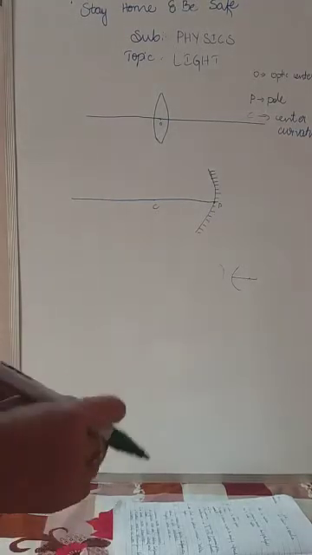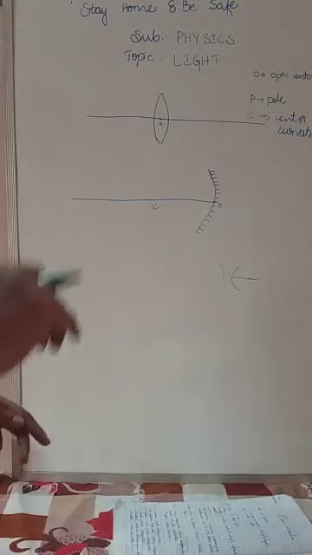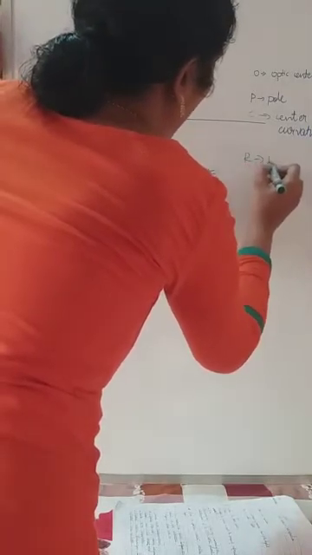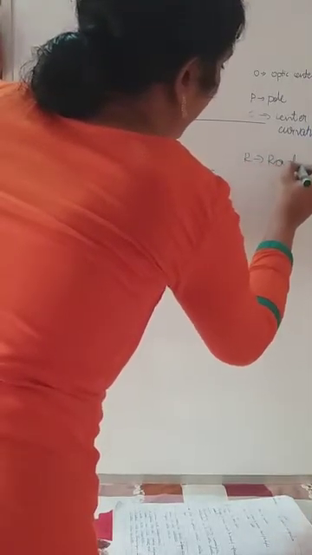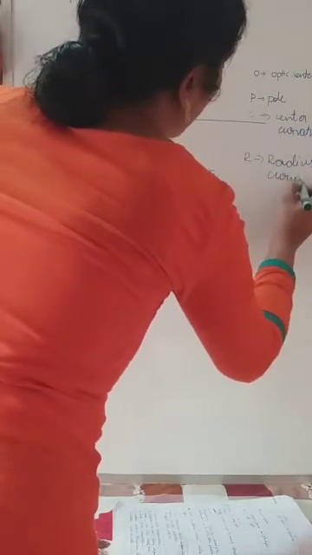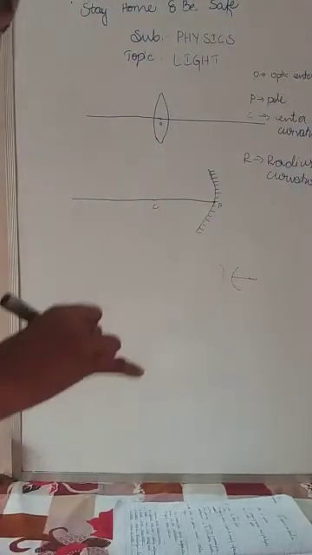And what is meant by radius of curvature? The radius of the sphere of the reflecting surface is called the radius of curvature. It is denoted by the capital letter R. Center of curvature means the center point of the spherical mirror.